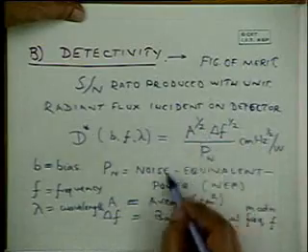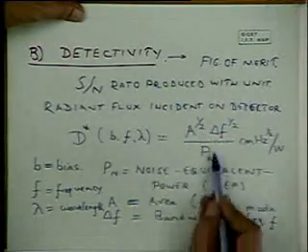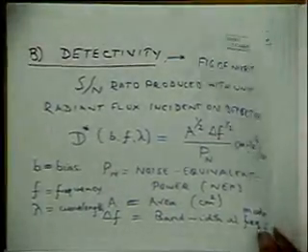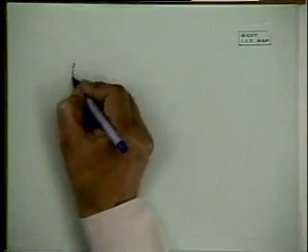The most important term, most of these terms are obvious, but Pn is not so obvious. Pn is the noise equivalent power. And what is Pn?